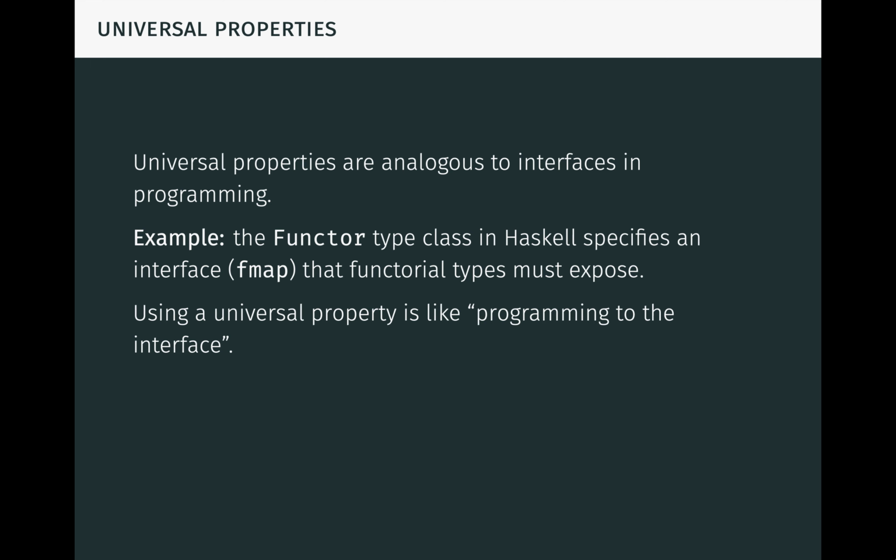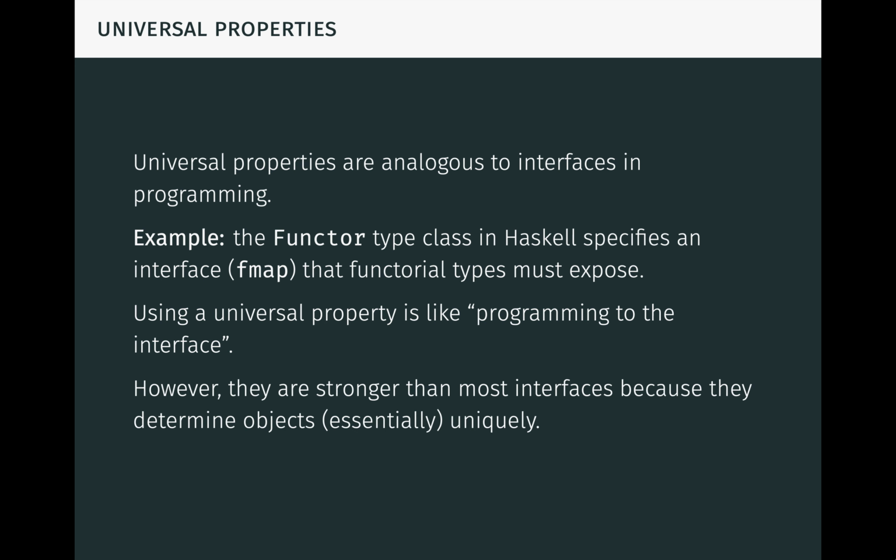Using a universal property in a proof is therefore like programming to the interface, in that you're only using things that are exposed by the interface, not any intrinsic details of the universal object. However, it's important to note that universal properties are stronger than most interfaces in programming because they determine objects essentially uniquely. The keyword here is essentially, and we won't dive into that in detail in this video, but in this analogy you can think of a universal property as defining a very strict interface.